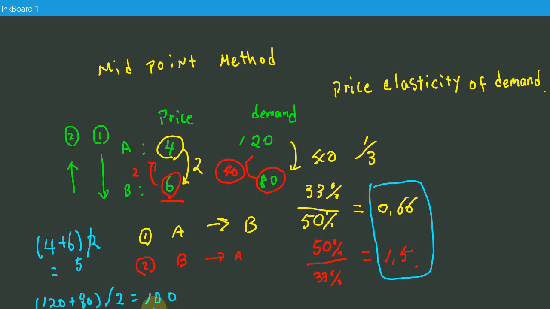This is the midpoint in quantity, and this is the midpoint in price. Then easily we can divide this one, right?